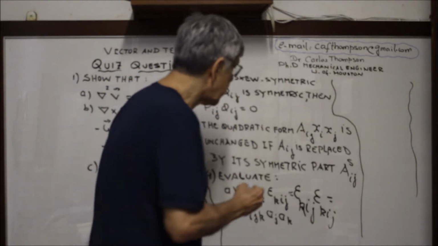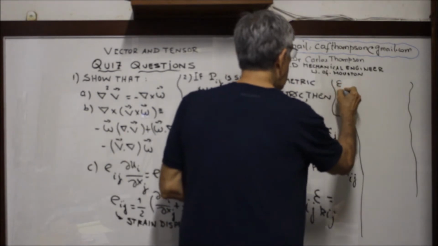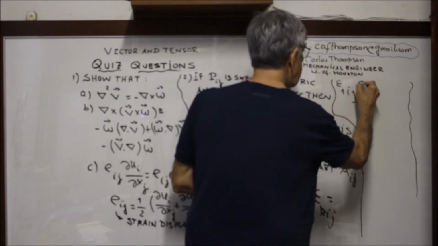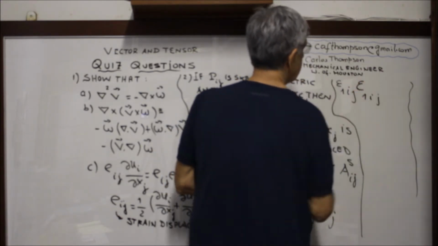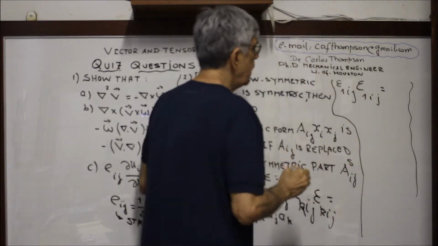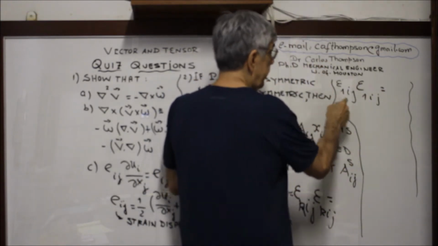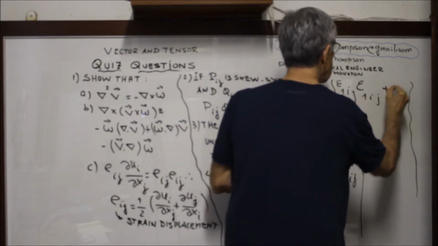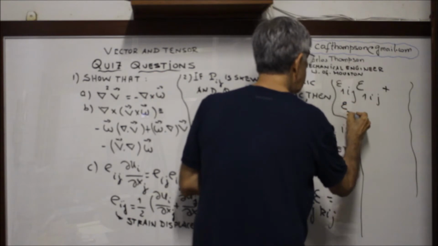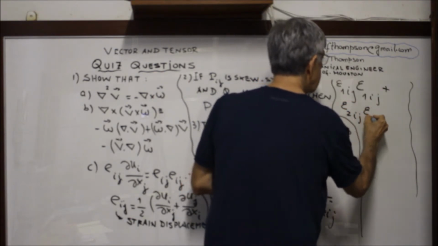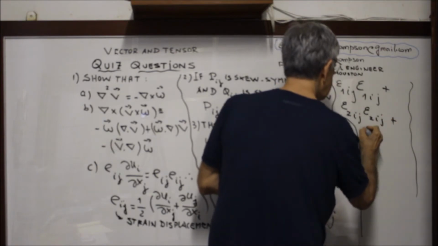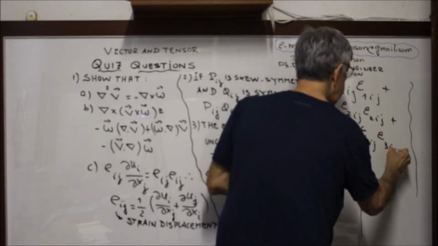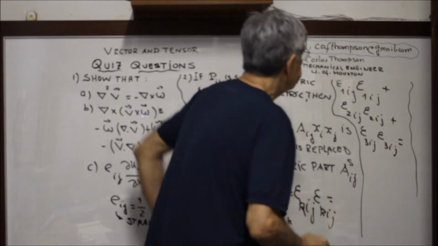Let's sum first on k. So epsilon 1ij, epsilon 1ij. Now for k equal to 1, let's put for k equal to 2, epsilon 2ij, epsilon 2ij, plus epsilon 3ij, epsilon 3ij.